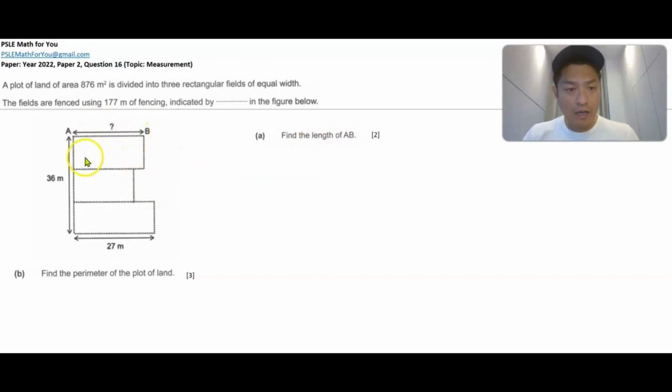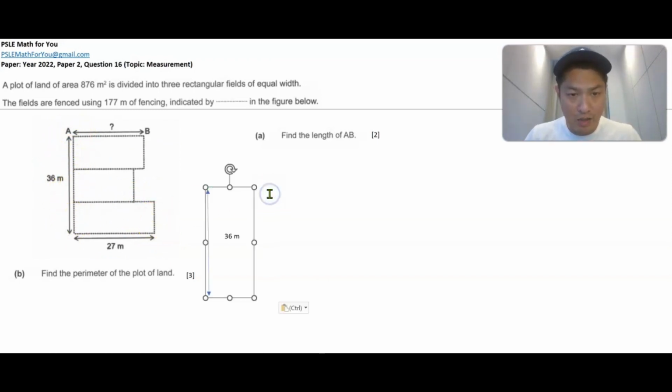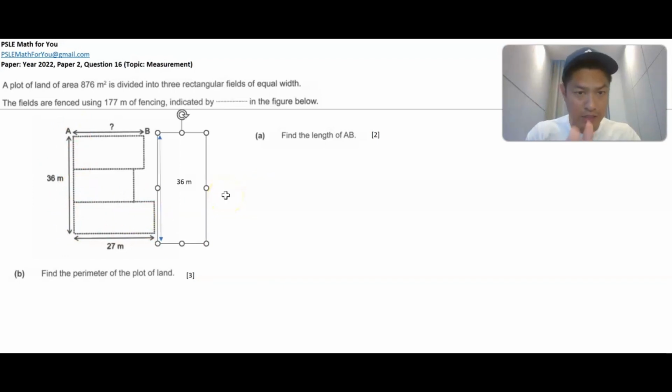Let's see which lengths and breadths we already know. We know this is 36. So if the left side is 36, then the right side has to be 36 too. And if this is 27, then I would have another 27 somewhere in the diagram.